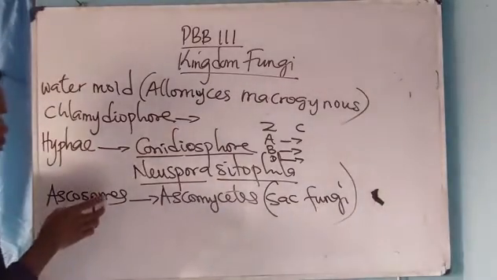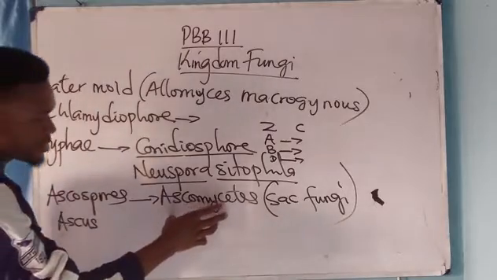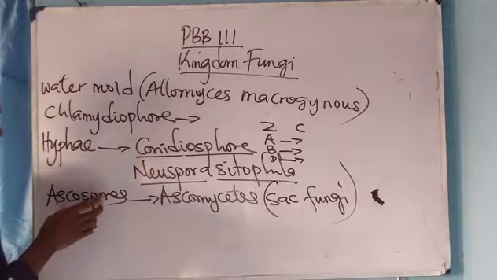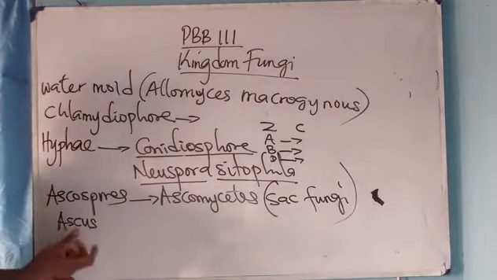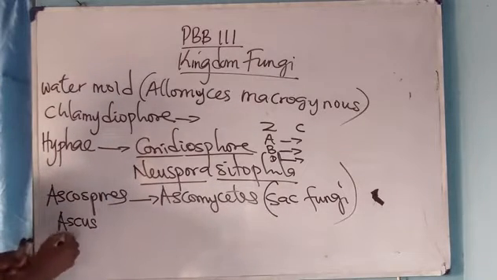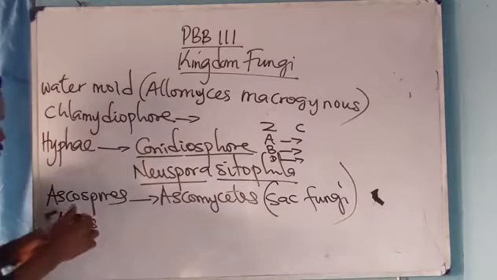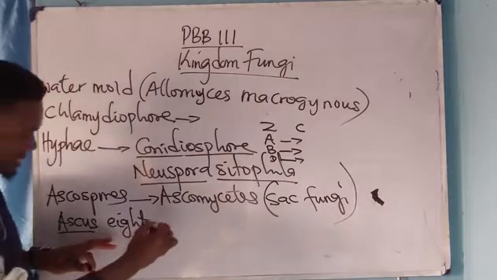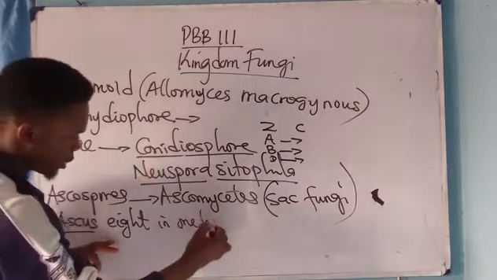Now I said ascospores are produced by the ascomycetes, which are called sac fungi. And these ascospores are found in a structure called the ascus. These ascospores occur in eights in one haploid spore.